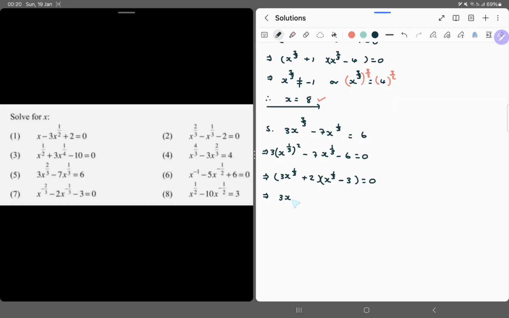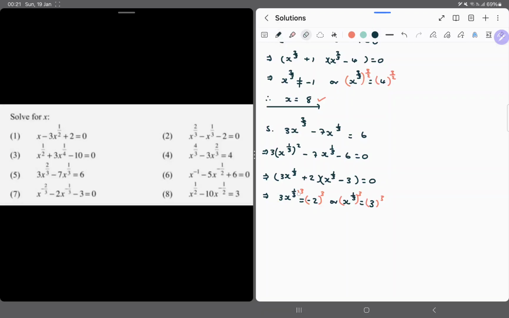So this implies that 3x to a third is equal to minus 2, or x to a third is 3. So let's see, if we cube this, cube that, we get our solutions. Now I'm thinking I'm rushing this.